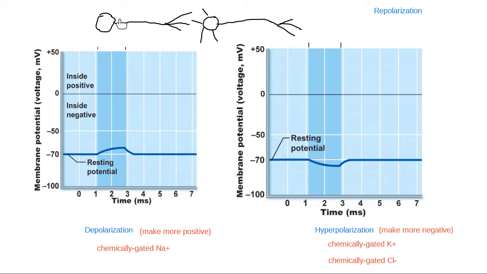Hyperpolarization, we could think of as inhibition, or preventing a neuron from talking to its neighbors. When the membrane charge gets too negative, the voltage-gated sodium channels have a much harder time getting open.